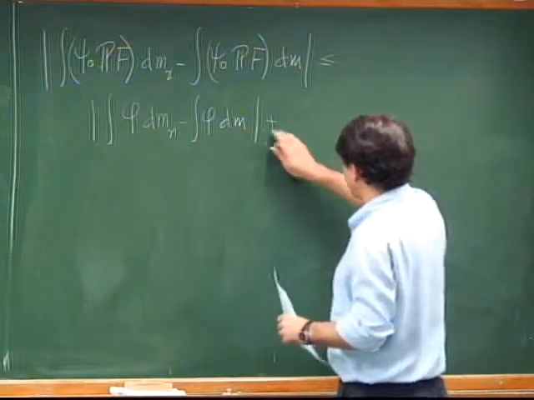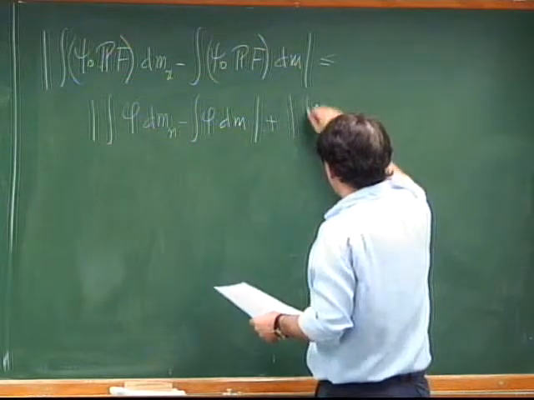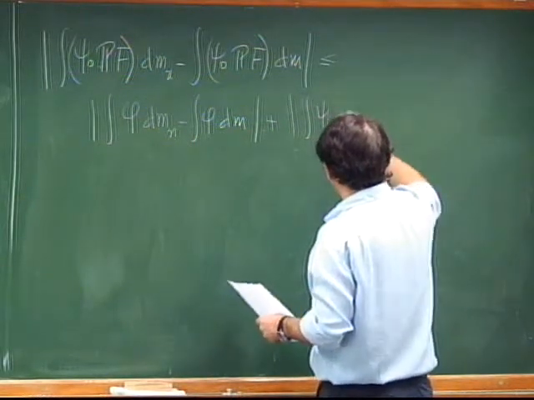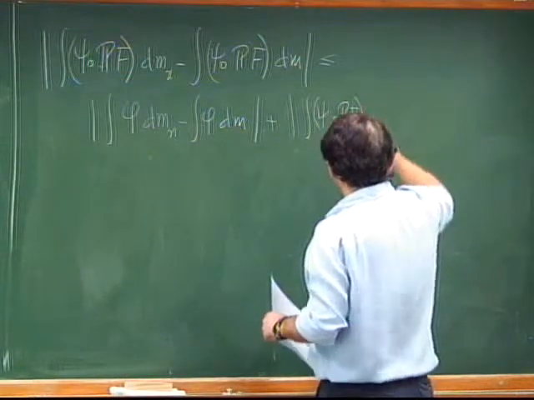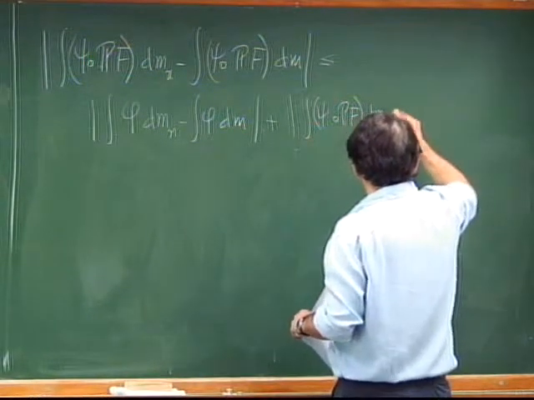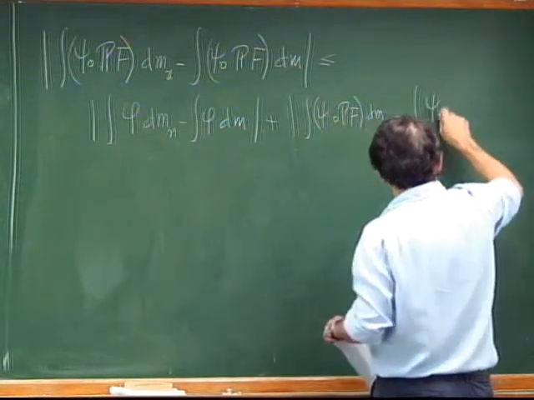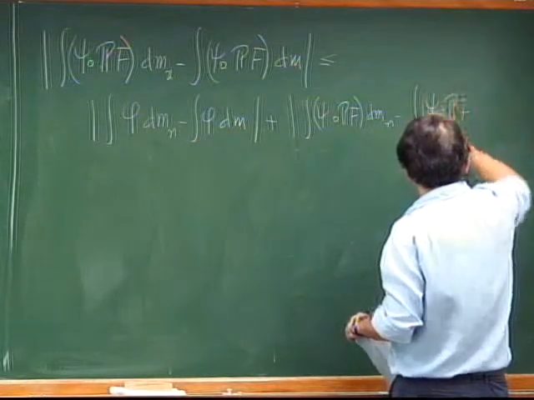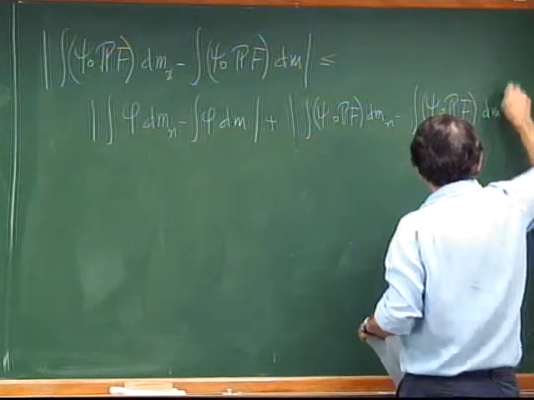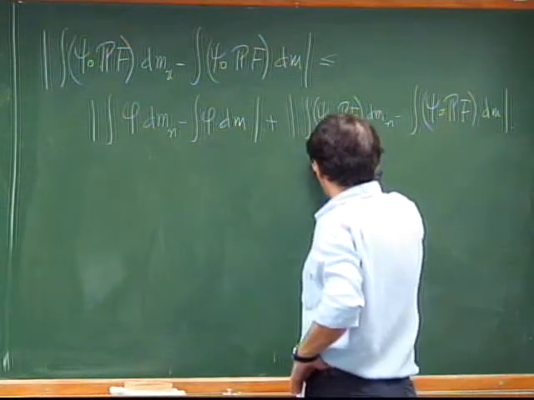So plus the integral of psi composed with pf dmn minus psi composed with pf dm, and this is integrated on the complement of k.